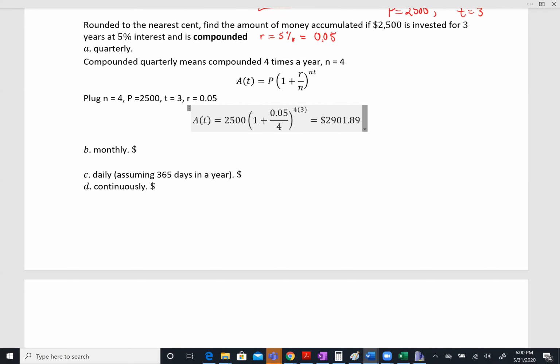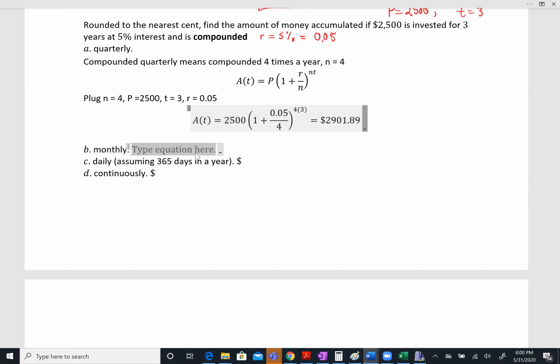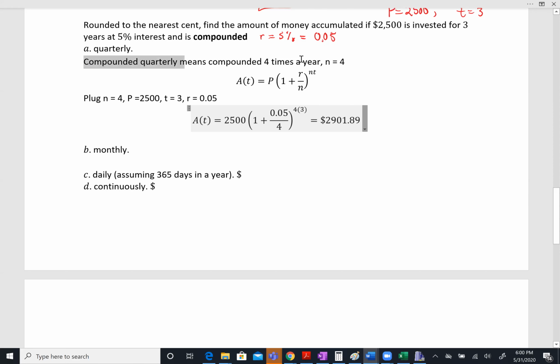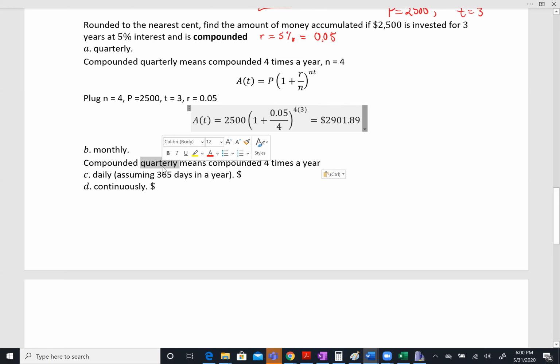How about monthly? For monthly, let me copy this down. Compounded monthly means compounded how many times per year? 12 times, right? You plug in everything the same, but n is changing.